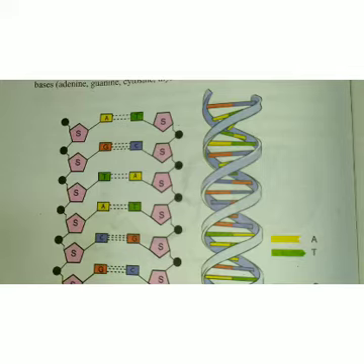It is composed of thousands of nucleotides, and the diameter of the twisted helix structure everywhere is 20 angstrom. This is the structure of DNA.